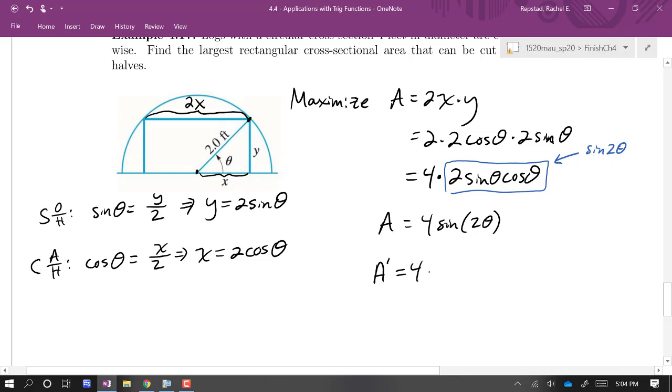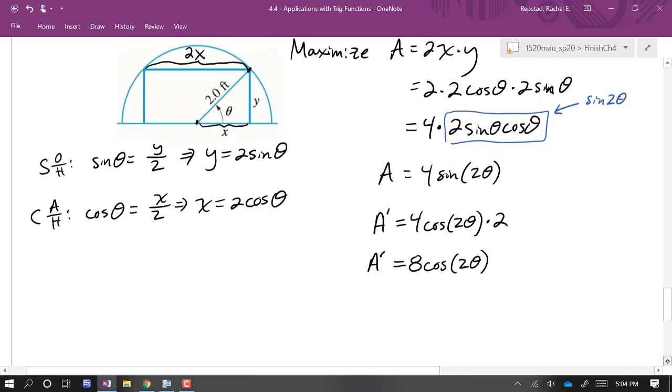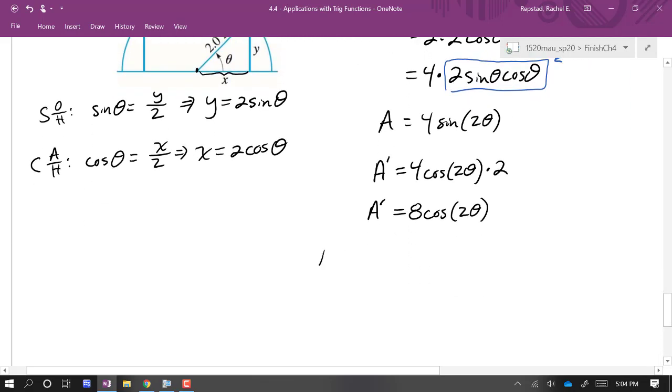So we have 4 cosine 2 theta, derivative of sine is cosine, and then the chain rule says we multiply by 2, so we get 8 cosine 2 theta. That is A prime. 8 is never equal to 0, so 8 times cosine 2 theta is only 0 when cosine 2 theta is 0.